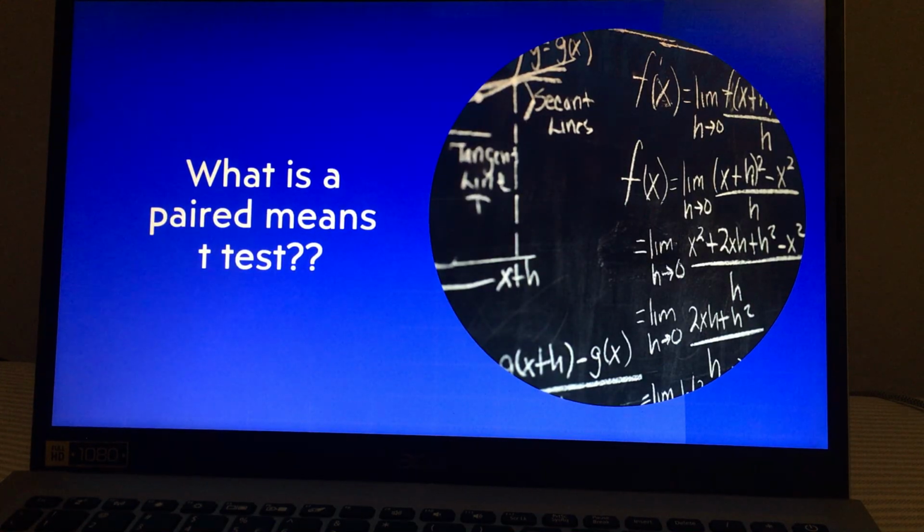To convert this to a hypothesis test, our null hypothesis is that the mean difference is 0, so mu_d = 0, and then the alternative hypothesis is that it is not 0, so mu_d does not equal 0.